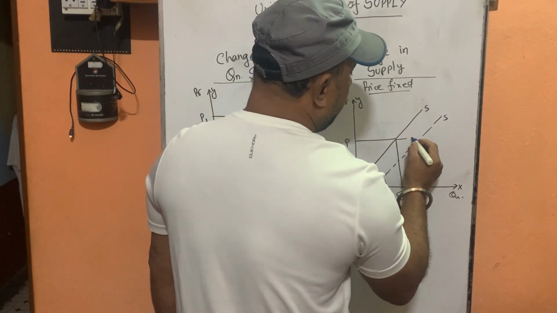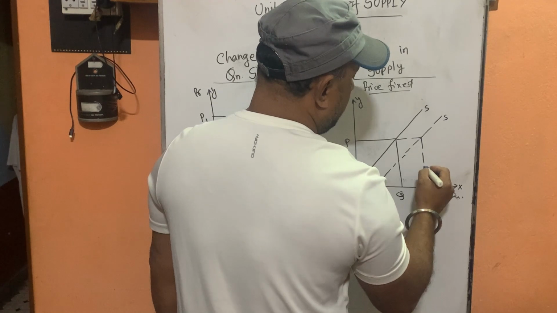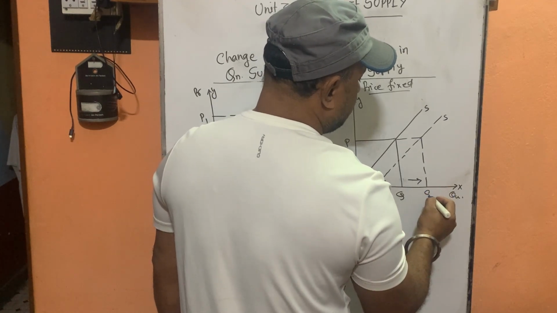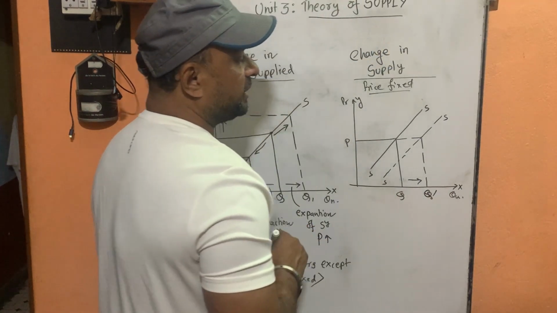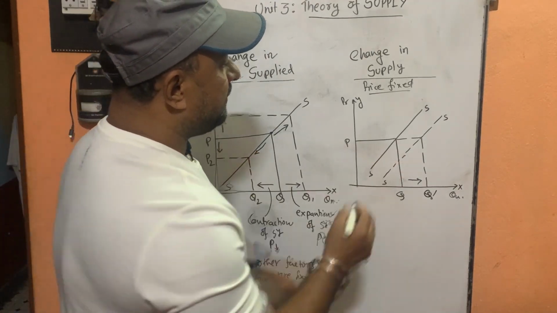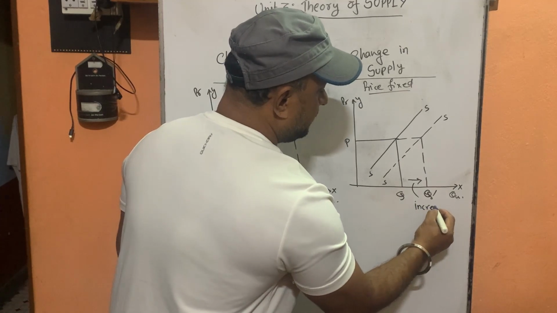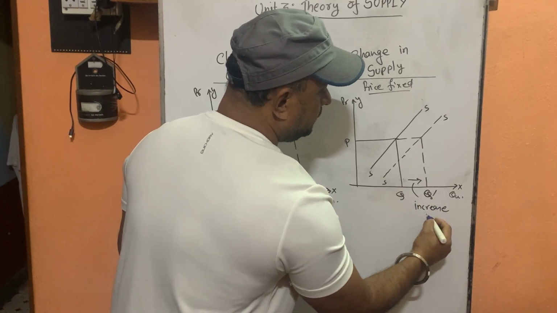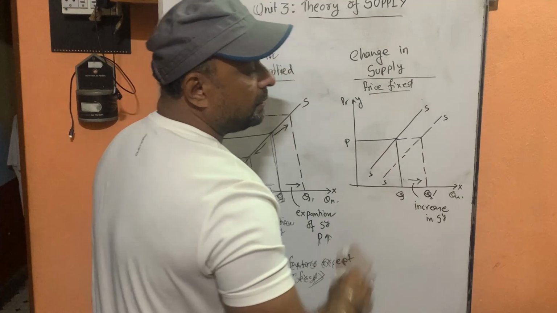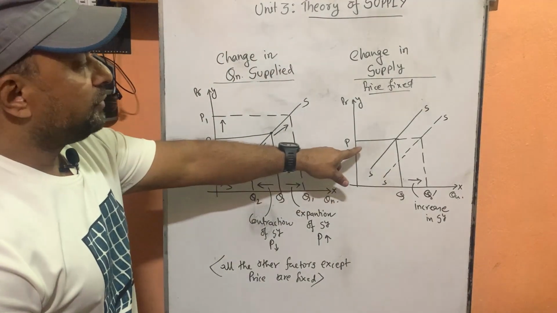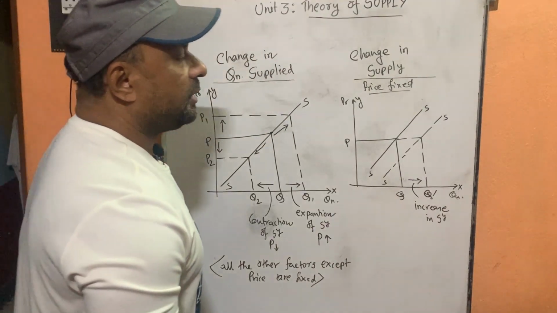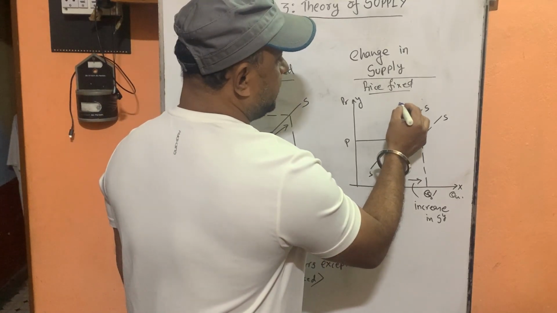Now with the same price, what happens in the market? In the market, supply increases, from Q to Q dash. With the same price, supply increases. This one is called increase in supply. Okay. Now if number of producers decreases, at that time supply will fall with the same price.